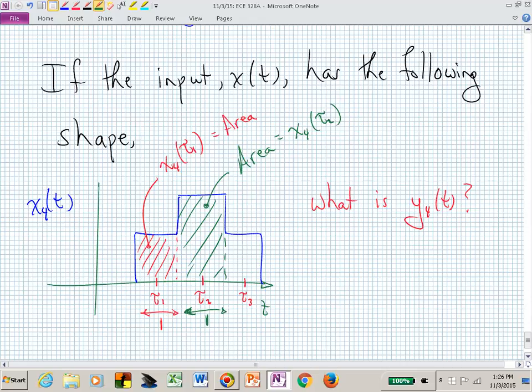Is that seeming okay? Are you uncomfortable with where these numbers are coming from? And now let's do that over here. Again, the width is 1. This area is x sub 4 of tau sub 3.